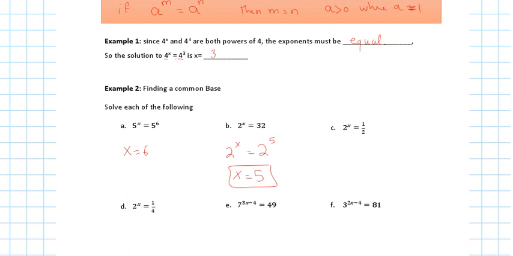How about the next one? How can I make the right side as 2 to the power of something? By switching the fraction to a regular, corresponding to a perfect number. And then how do I do that?